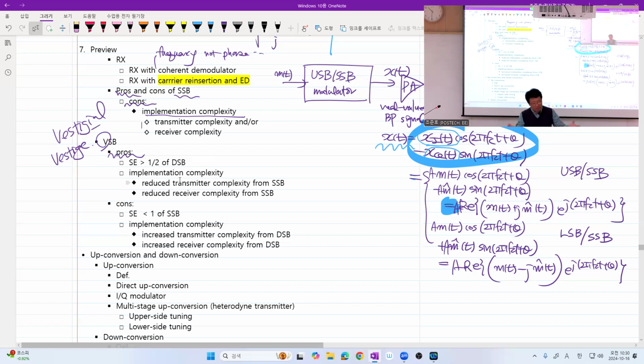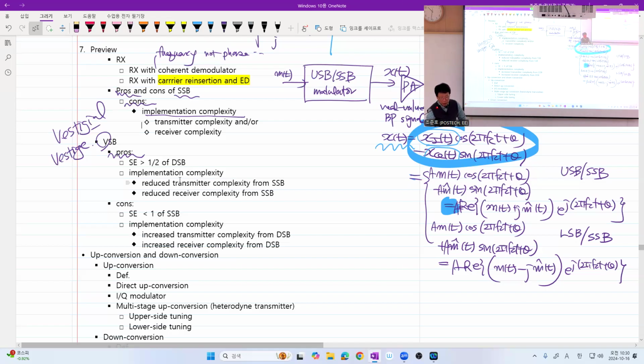Nobody cares whether North Korea has a $1 million atomic bomb or a $2 million atomic bomb, right? It doesn't matter as far as they have the atomic bomb. Same thing: something very expensive, twice the price, doesn't matter as far as it is there. So for the transmitter, a complexity increase may not be that much of a problem. But the receiver, for broadcasting, may be an important thing, and that may cause a lot of trouble.